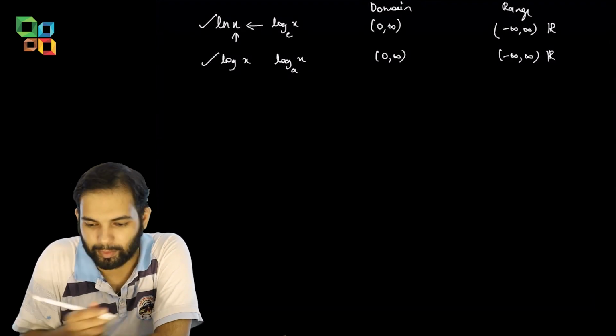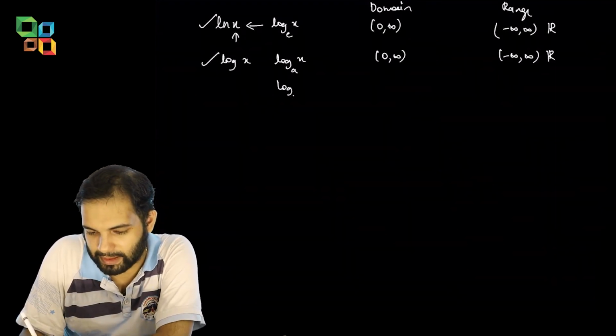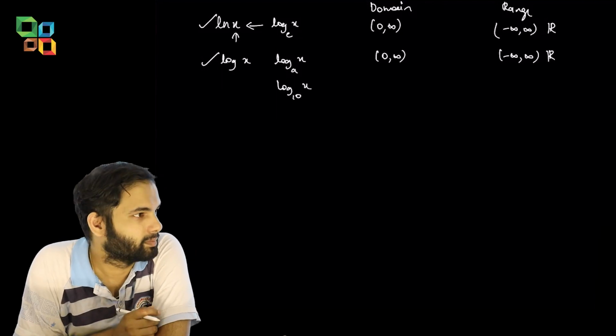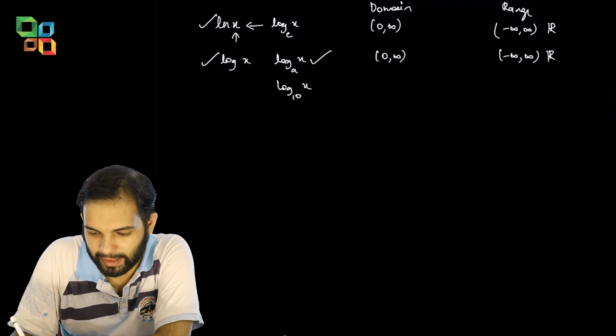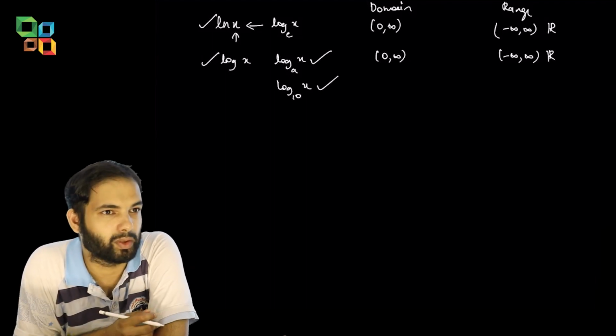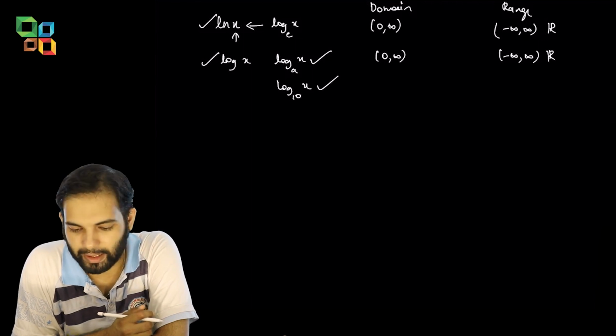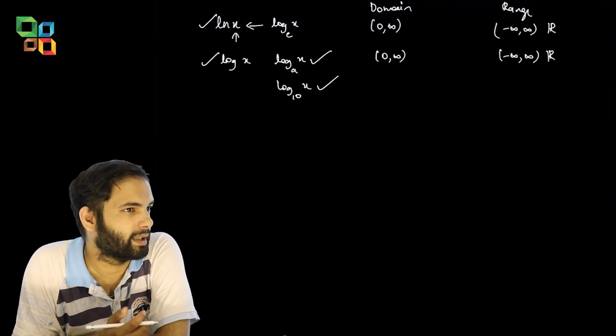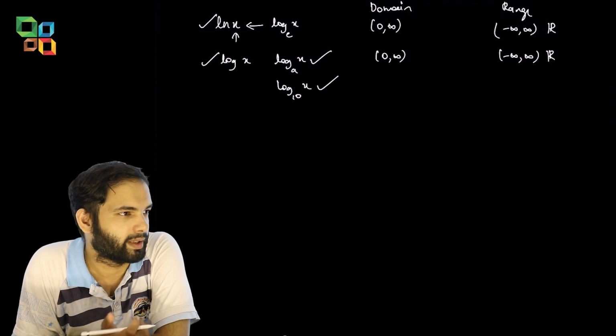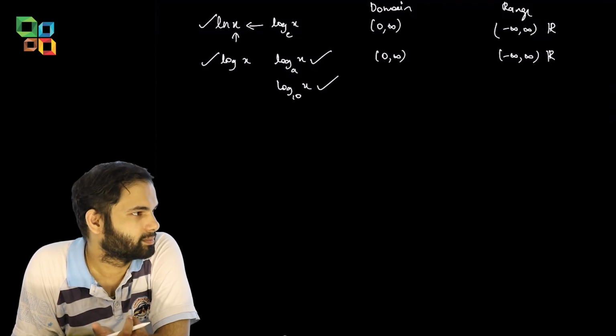There's something called common logarithms where we use base 10. Otherwise, we can take any base we like. So in general, when we want to use different bases, we use log. We say log x to the base 3 or log x to the base 10, log x to the base 20, and so on.